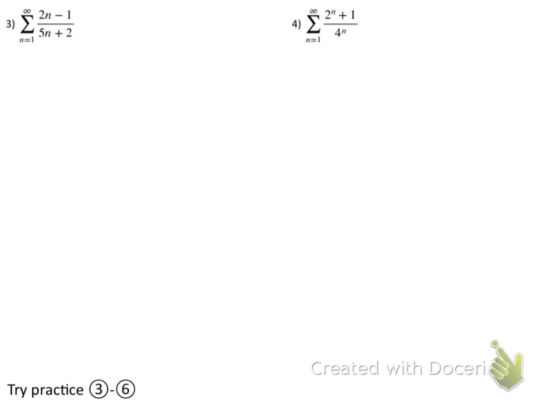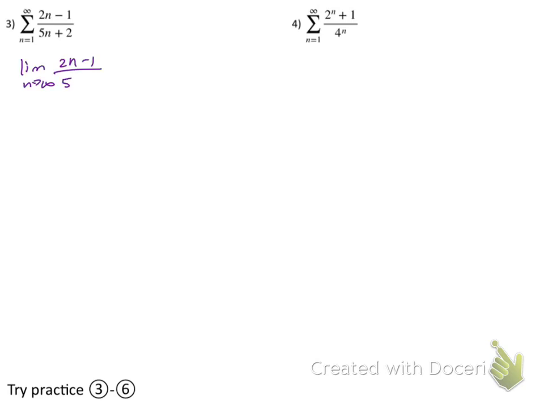The last two examples for today. First, same thing. We're looking for this limit if it's convergent, and we're going to say why it's divergent if it's divergent. Number 3, we're looking at the sum of 2n minus 1 over 5n plus 2. Now you need to look at the limit first. As n approaches infinity, the limit actually is 2/5, not 0, not convergent.